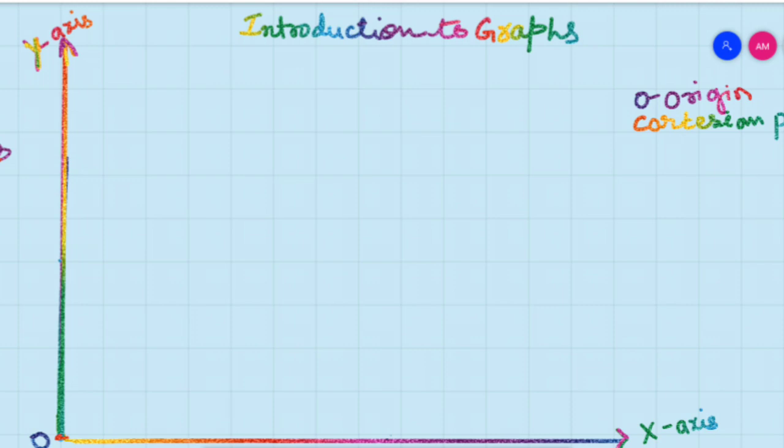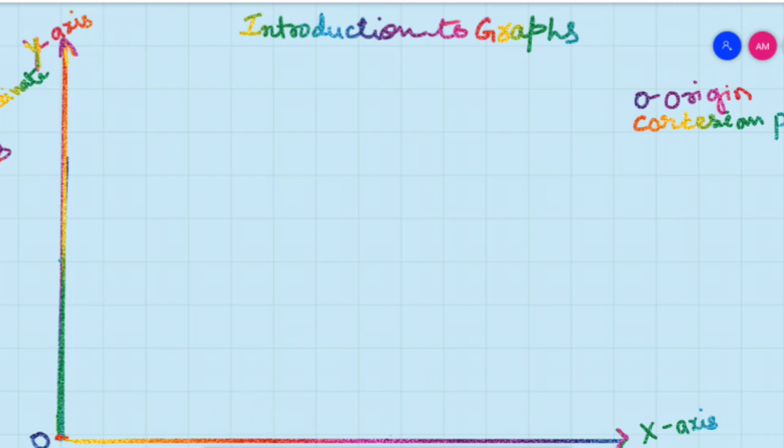So, these two axes together are known as coordinate axis. Now, the x point is known as abscissa, and y point is known as ordinate. Now let us see how you can plot points.